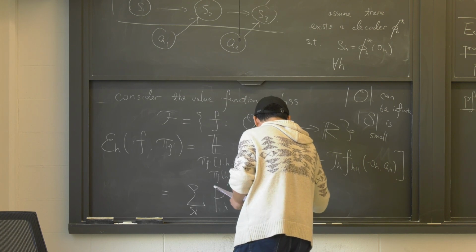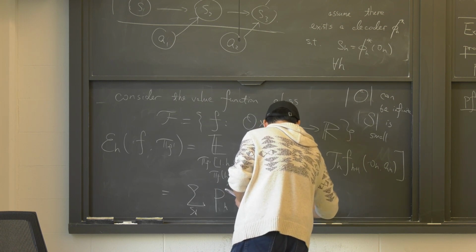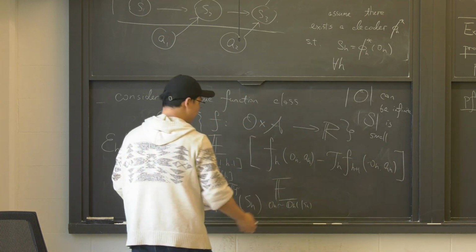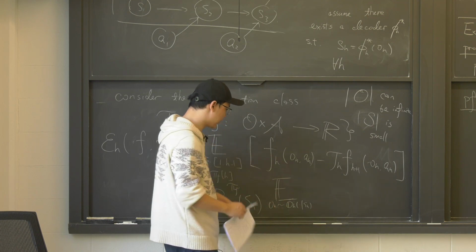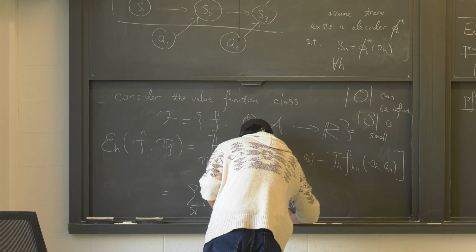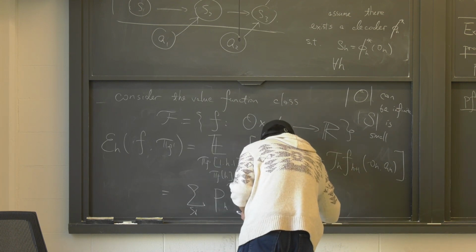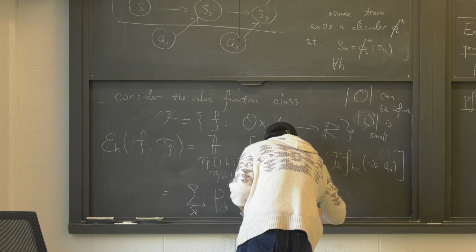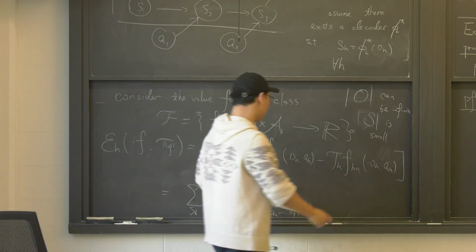First is OH, generated from SH. This is the emission probability, the probability conditional on SH of generating some observation. And then AH is generated from some policy that depends on OH. Finally, we copy the Bellman error.